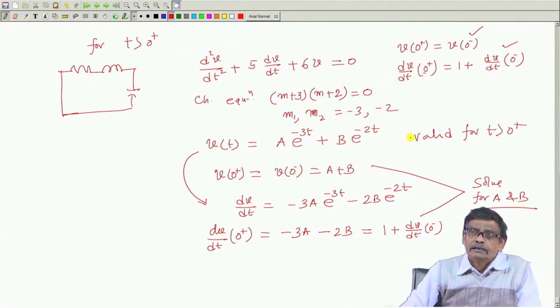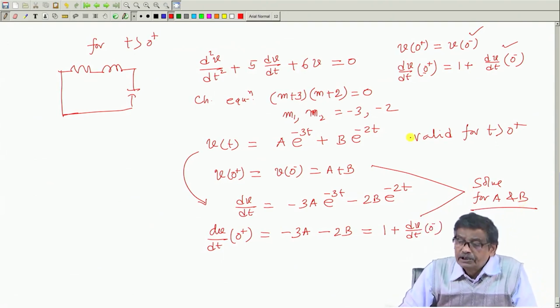The important point is, if a differential equation has an impulse as its input signal, x(t) equal to delta(t), then do not apply that rule, that the final solution will be equal to some natural response plus a linear combination of the forcing function. No, that way you will not proceed.